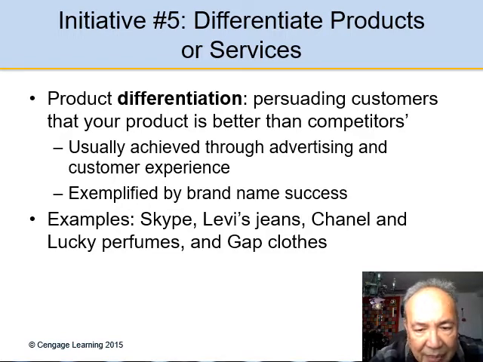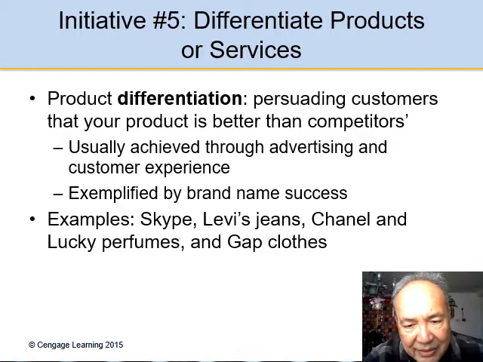Usually achieved through advertising and customer experience, exemplified by brand name success. Example, Skype, Levi's Jeans, Chanel, Lucky Perfumes and Gap Clothes. They have a kind of product differentiation, like Louis Vuitton too.